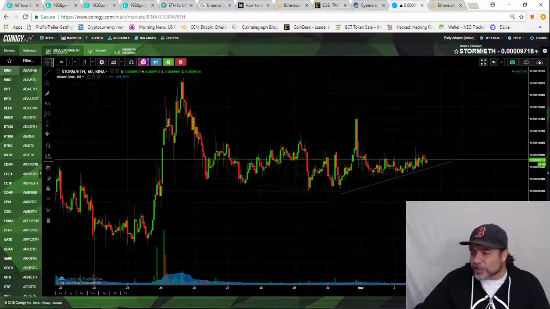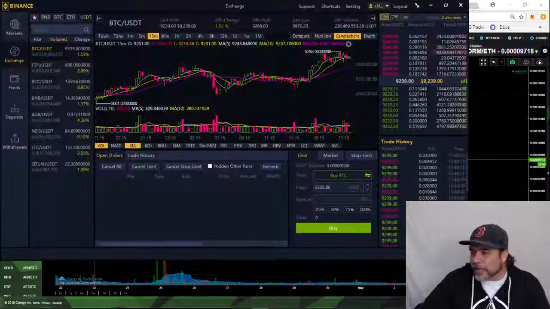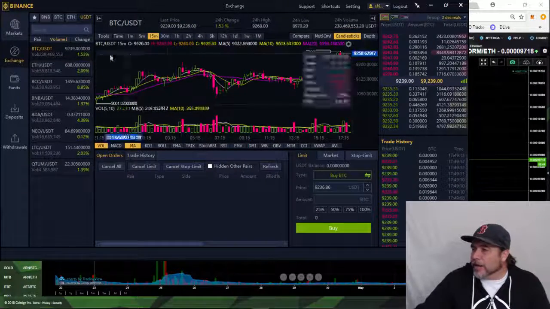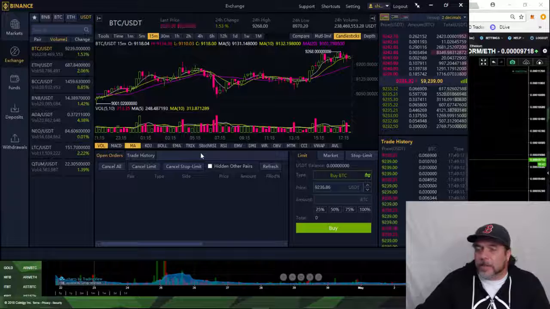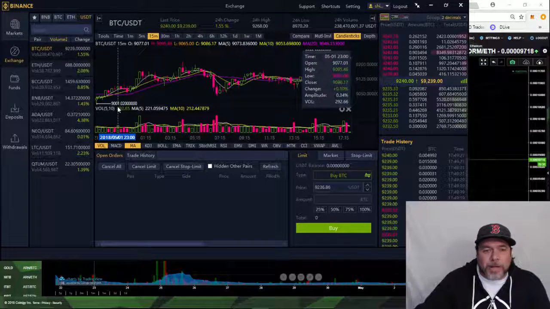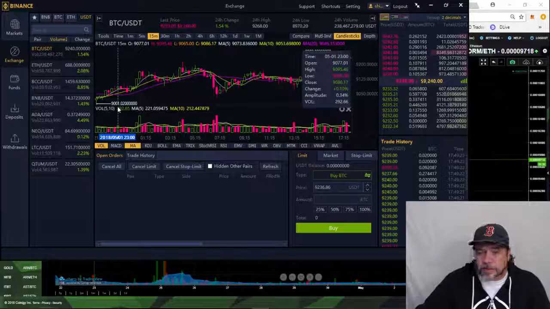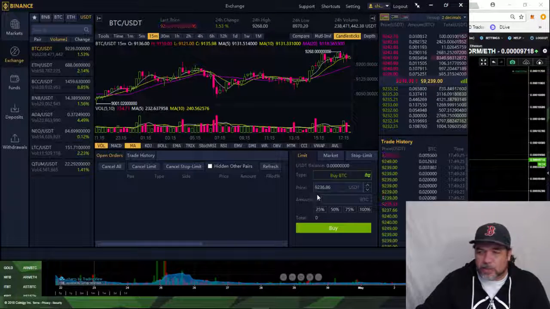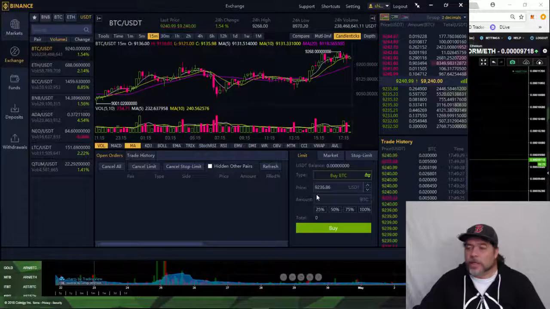So where I actually, and I can't pull it up on this side, or can I? There we go. I use my Binance PC client a lot to place manual buys, because it's so much faster than doing it through the web, through your browser.